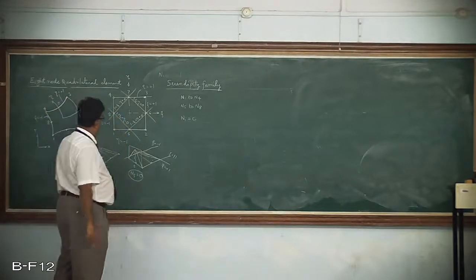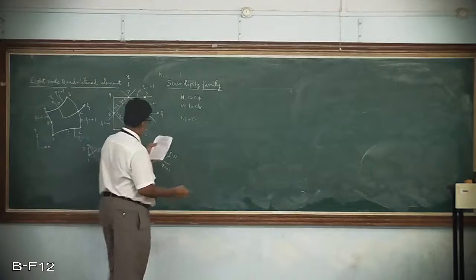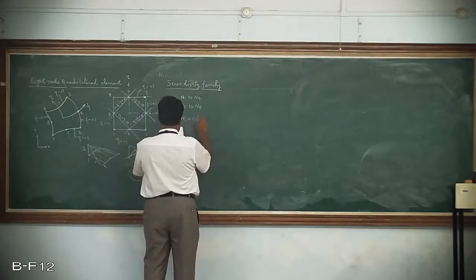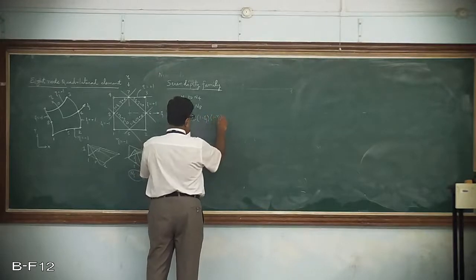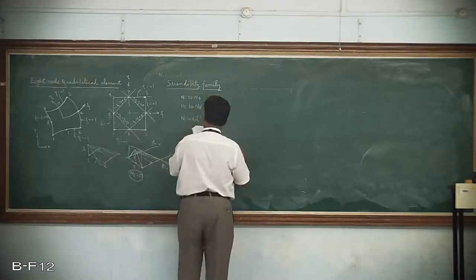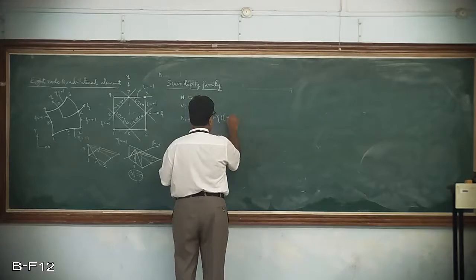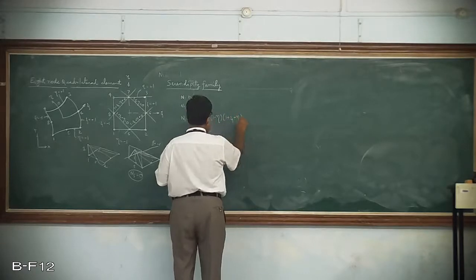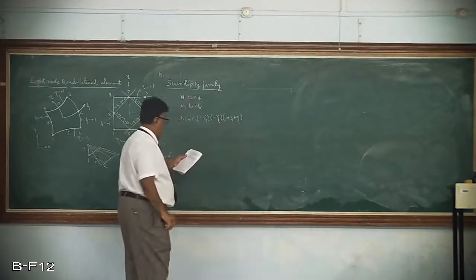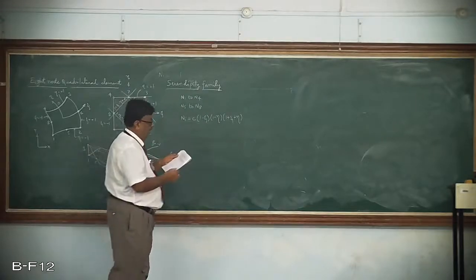So therefore, if I want to make this 0, it has to be of the form 1 minus zeta, 1 minus eta, and this refers to 1 plus zeta plus eta.